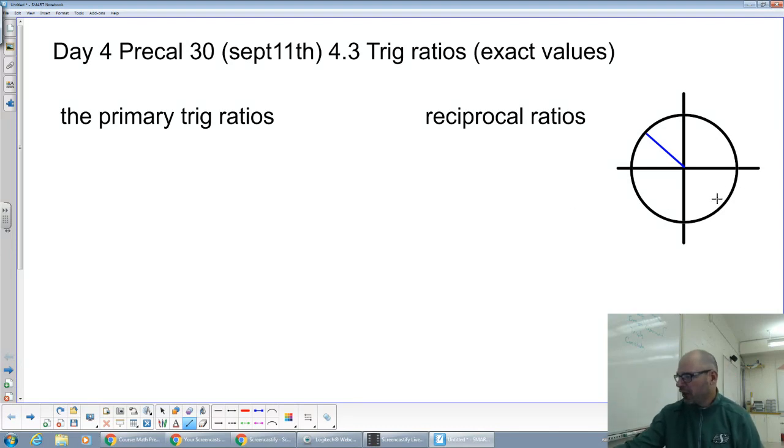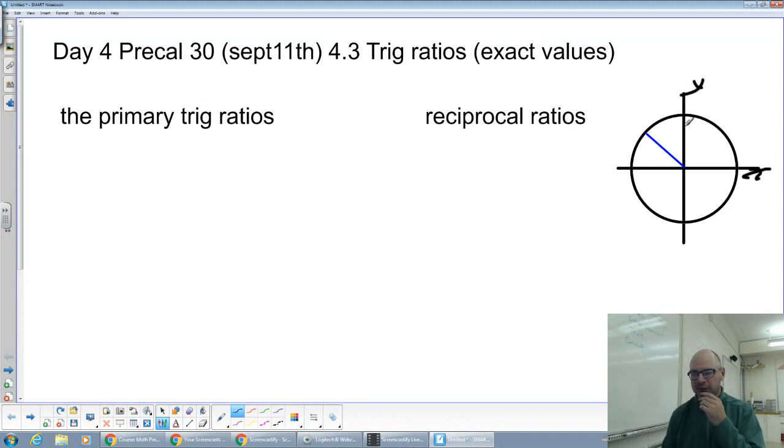Now, whenever you're doing work with trigonometric ratios, you always have to deal with the reference angle, not this full angle here. The reference angle is always with the x-axis. Okay, so always at the x-axis. So here we're looking at this angle here.